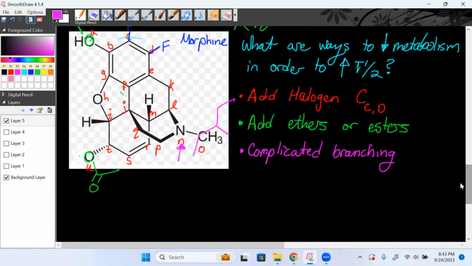So it would technically increase metabolism just very minorly. Does that answer your question? Same thing if we did it in an amide.